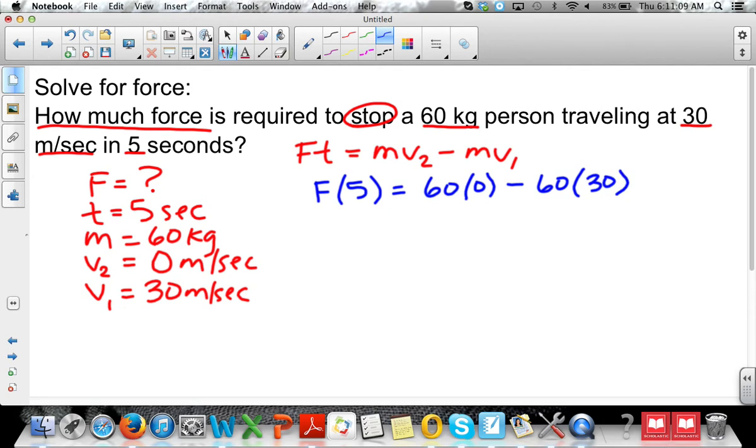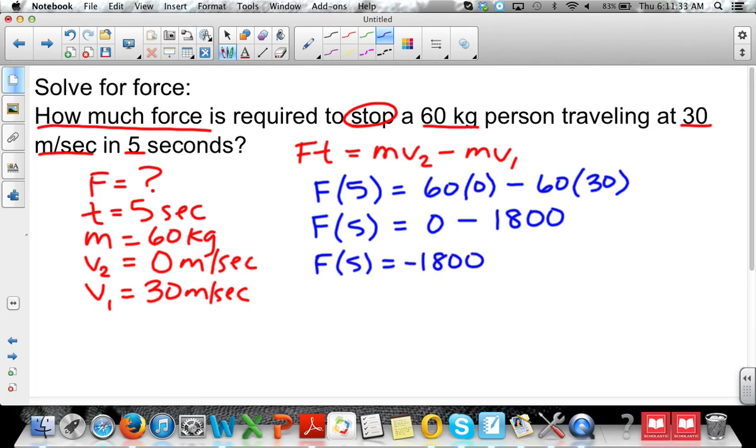So there's a lot of stuff going on here, but I'm going to just simplify. So F times 5, that just stays the same. 60 times 0, that's just 0. That's nice. And then 60 times 30, 1,800. So this means that I really have F times 5 equals negative 1,800.